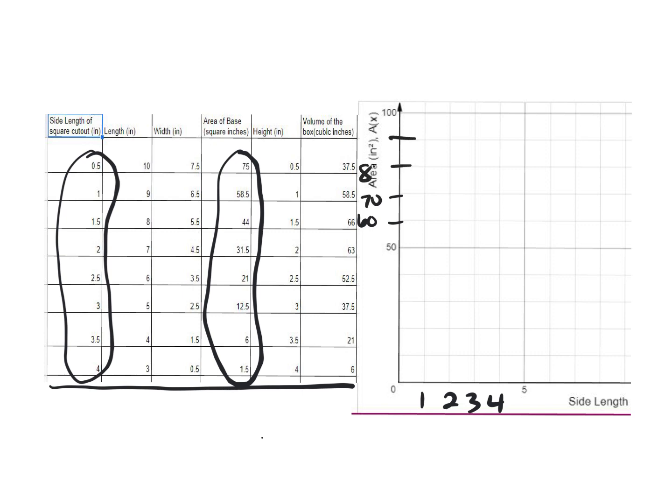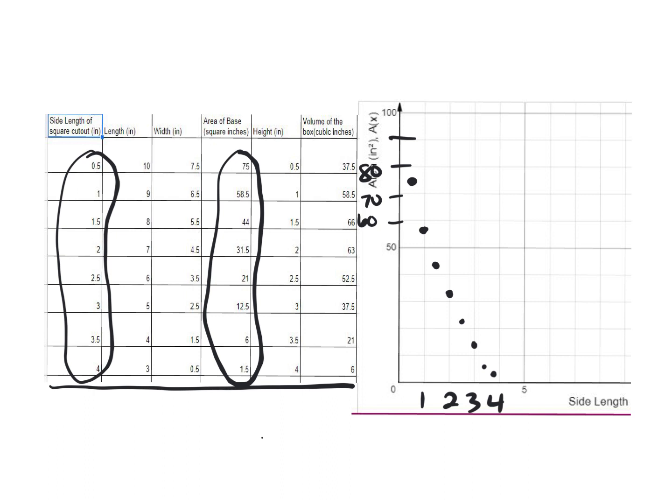So I plotted 0.5, 75; 1, 58.5; 1.5, 44; 2, 31.5; 2.5, 21; 3, 12.5; 3.5, 6; and 4, 1.5. These are just approximate points, and that's what our graph looked like.